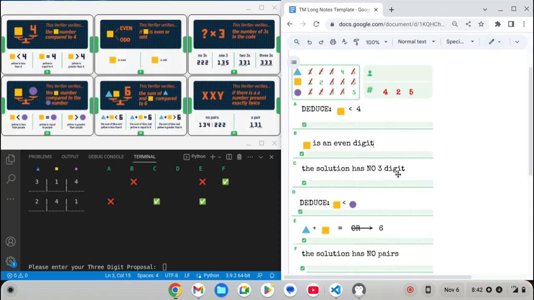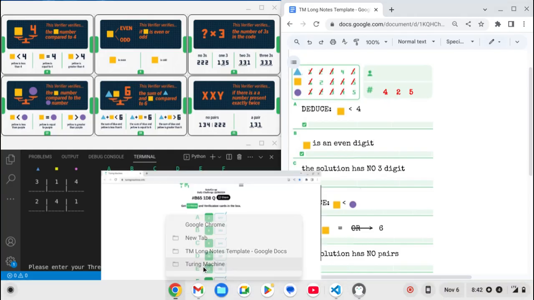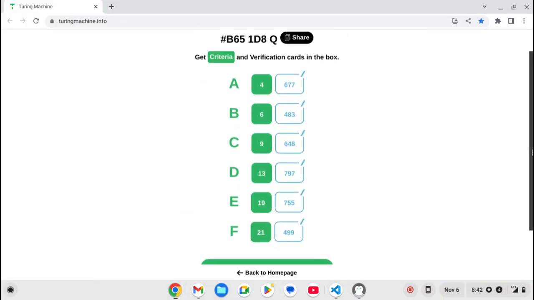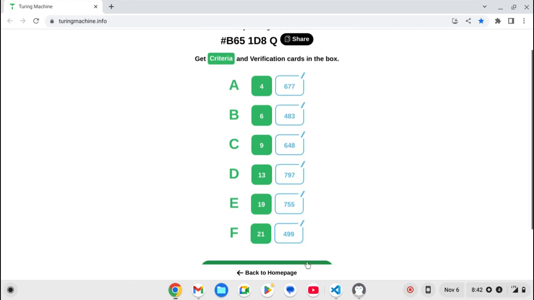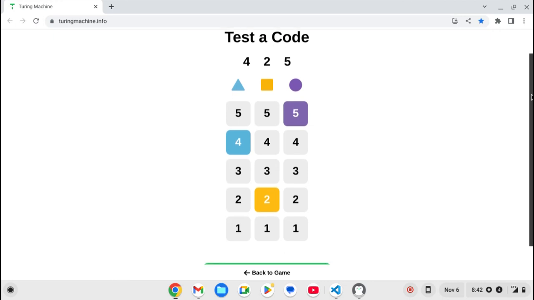And the sum of the first two is 6, and there are no pairs. Okay, well, let's see if that deduction pays off. So let's go ahead and type up our solution of 425. And let's see how we did. Okay, yes, it did work out.